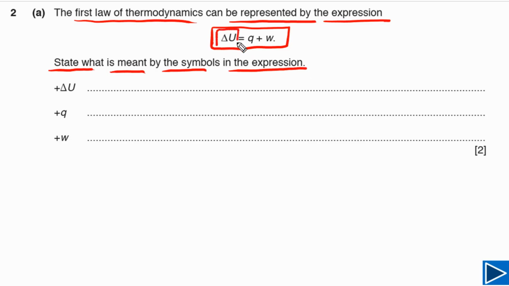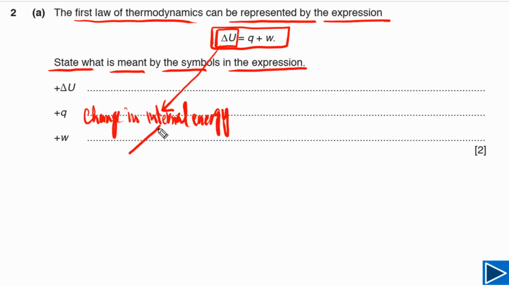Delta U, let's try to understand first of all what delta U is telling us. Delta U simply represents change in internal energy. When internal energy of the system increases, then we use a positive sign in front of delta U. And when internal energy of the system decreases, we use a negative sign in front of delta U. Now let's try to understand what Q is telling us.